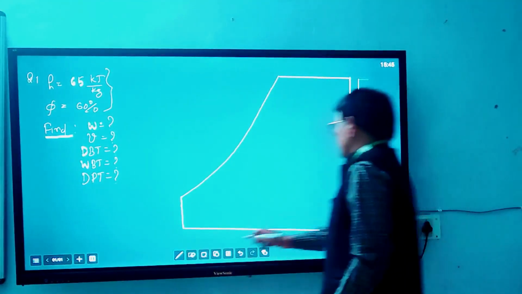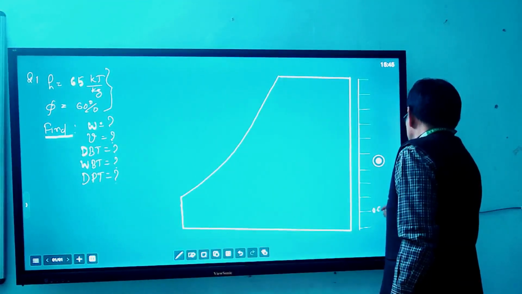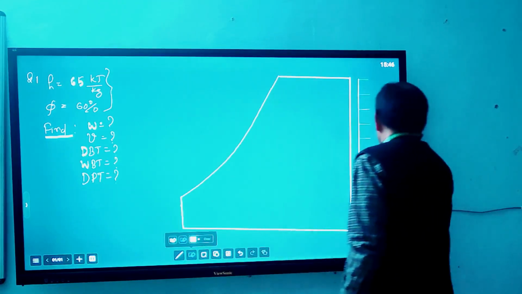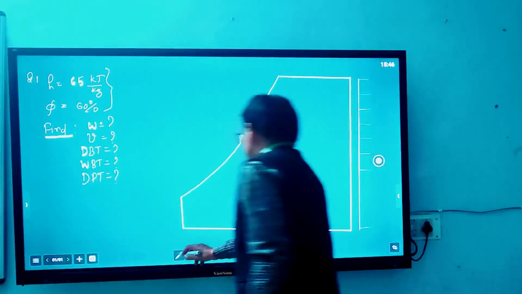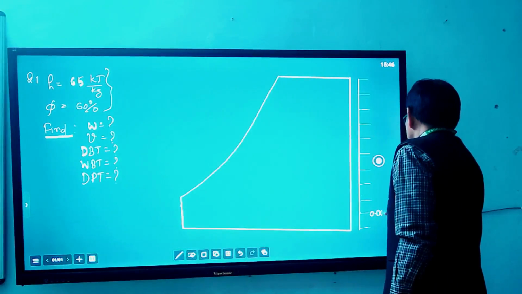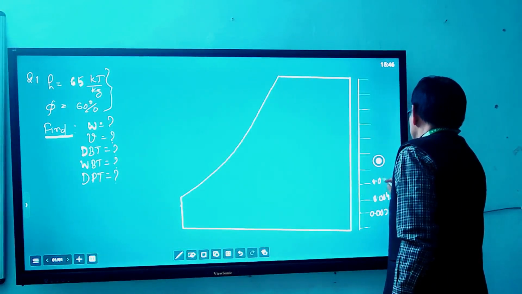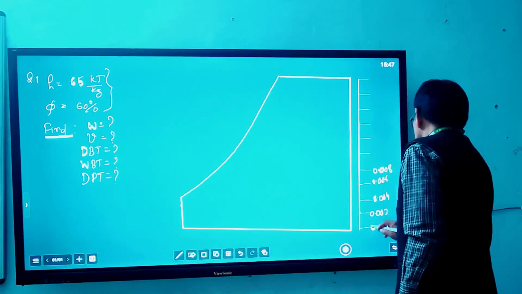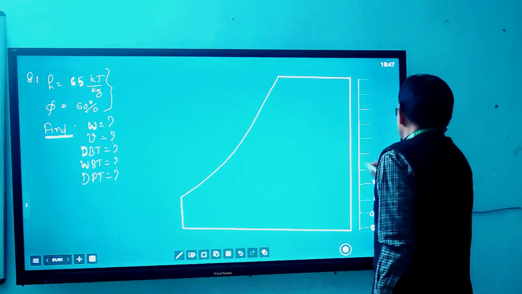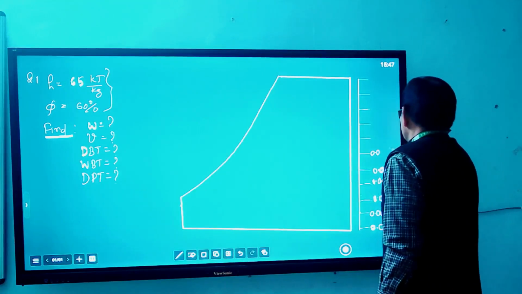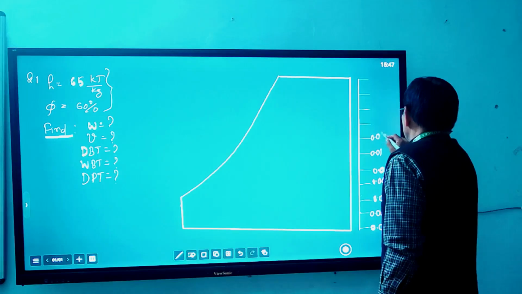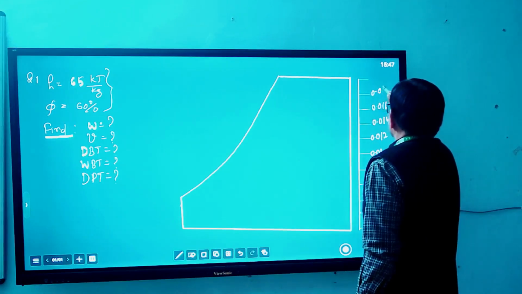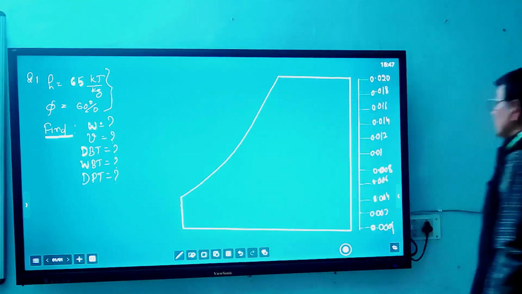Now we will express absolute humidity. That will be 0.002, 0.004, 0.006, 0.008, 0.010, 0.012, 0.014, 0.016, 0.018, 0.020 kg of water vapor per kg of dry air.